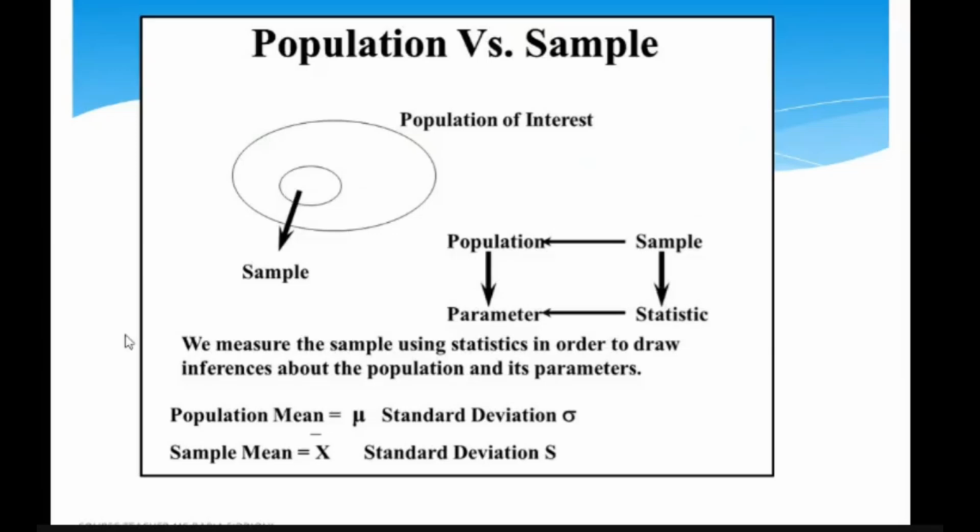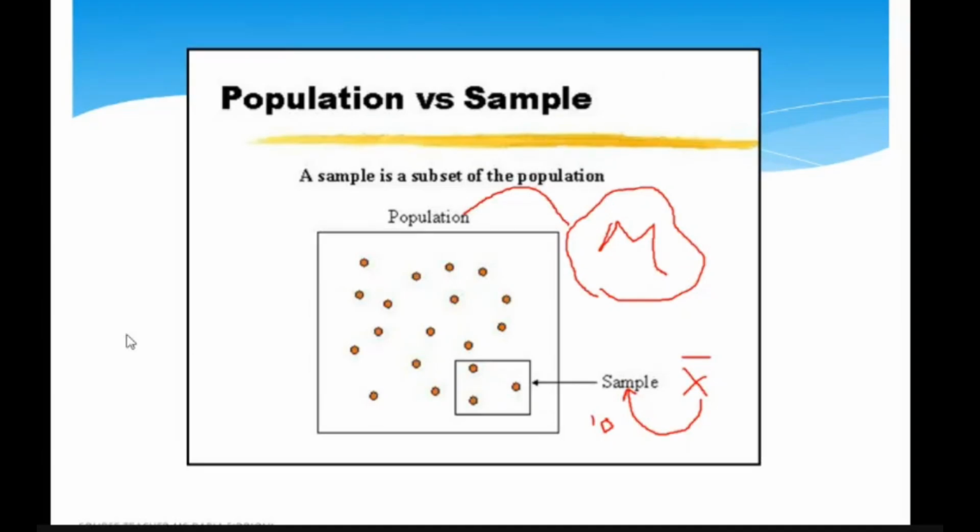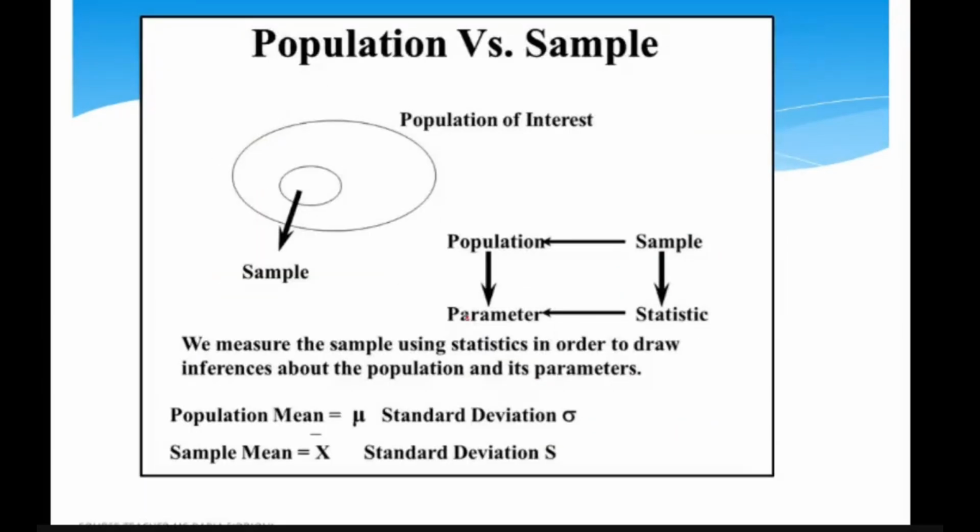Let's say you draw two samples. Sample number 1, which is S1, and sample number 2, which is S2. You have a population of size 800.